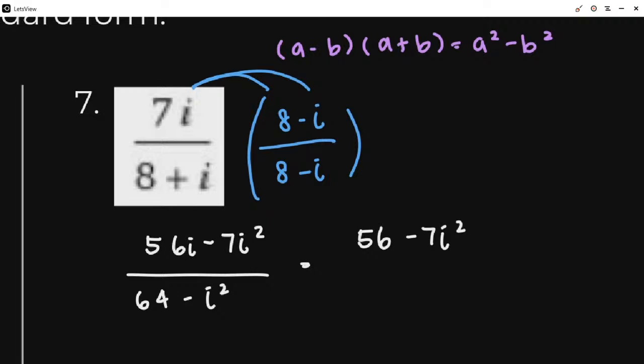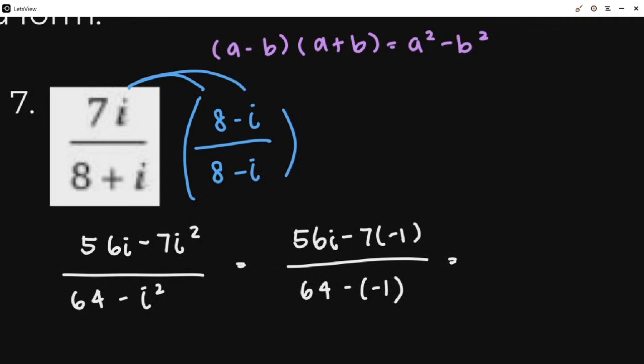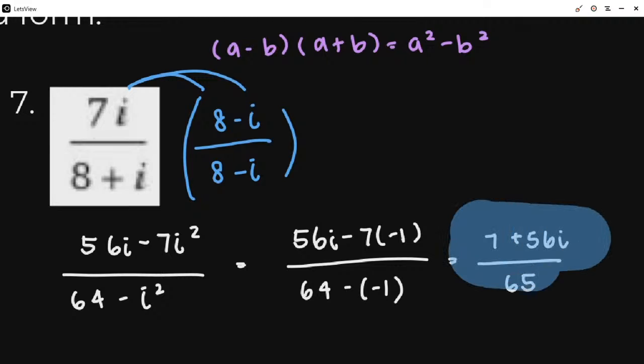Oops, hold on, sorry. 56i, and then I'm going to rewrite that as negative 1. Okay, so then that'll be 64 minus negative 1. So then that equals positive 7, and that's going to come first in standard form, plus 56i over 64 plus 1, which is 65. So this here would be the final answer.